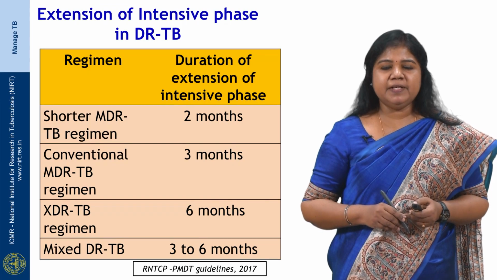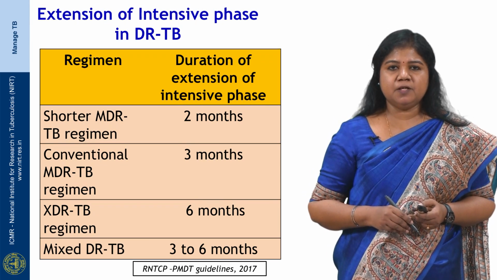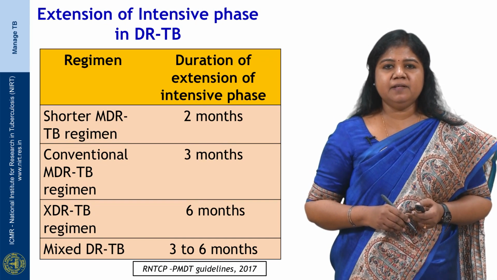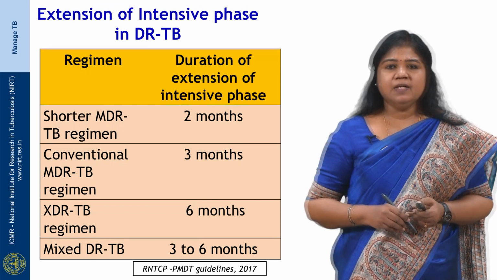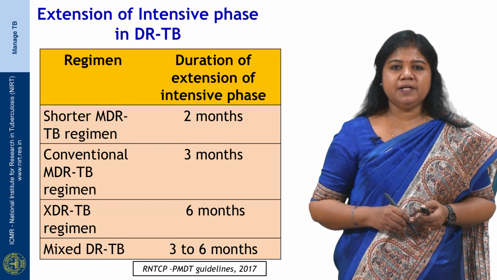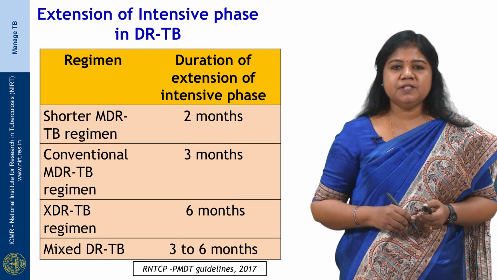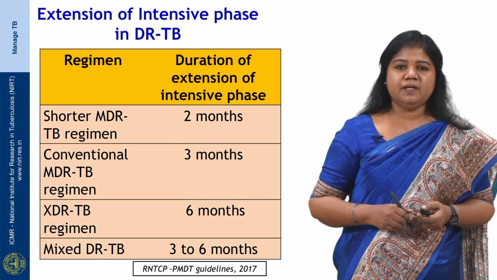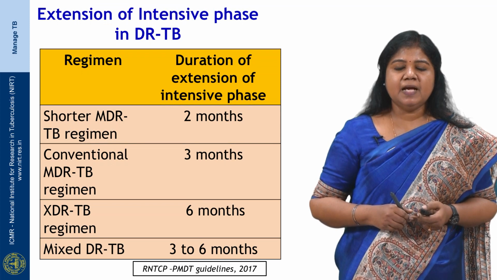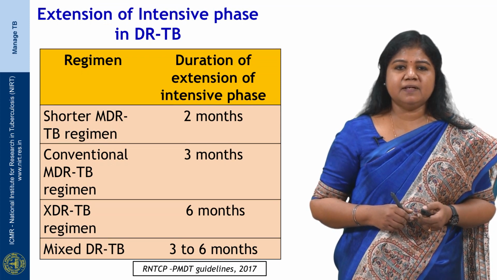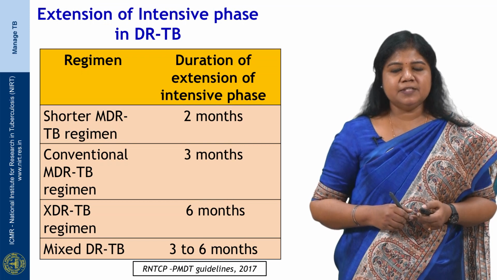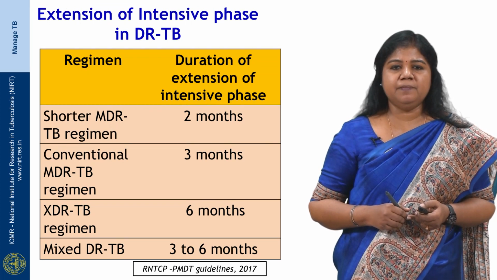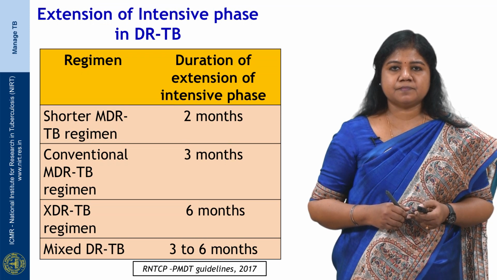The extension of intensive phase in drug resistant tuberculosis is basically decided based on culture positivity. For shorter MDR TB regimen up to 2 months, for conventional MDR TB regimen up to 3 months, for XDR TB it can be up to 6 months, and for regimen for mixed drug resistant tuberculosis, the extension of intensive phase can be from 3 to 6 months duration.